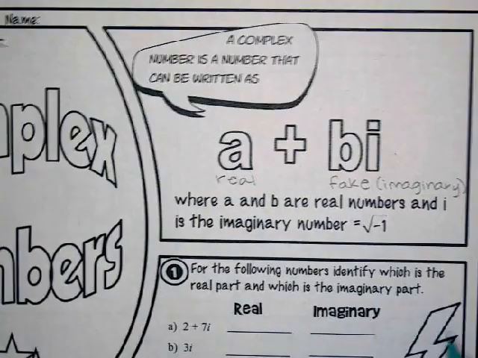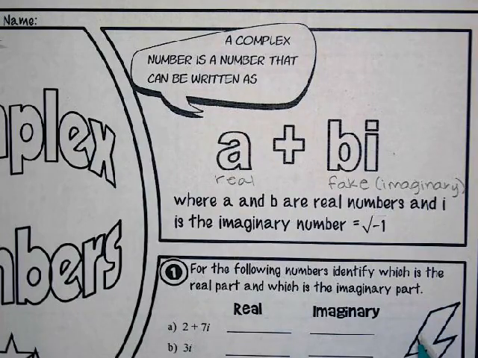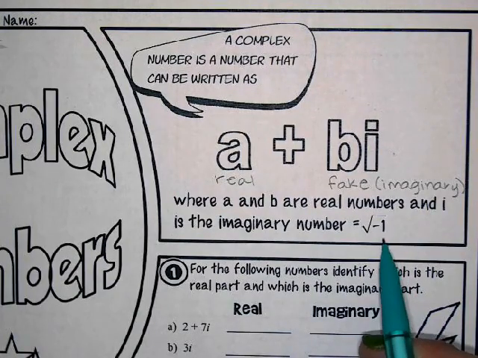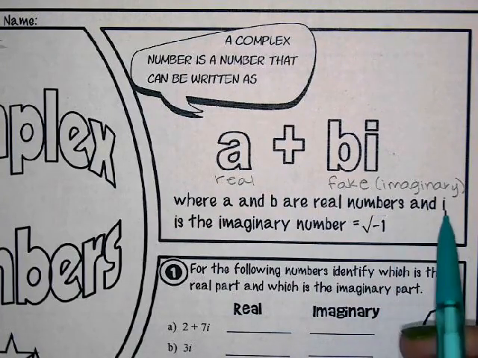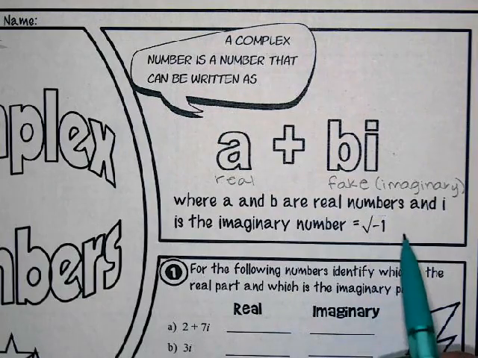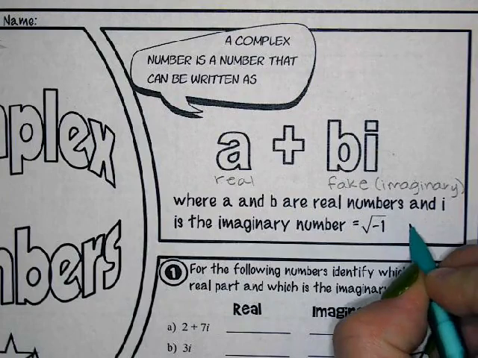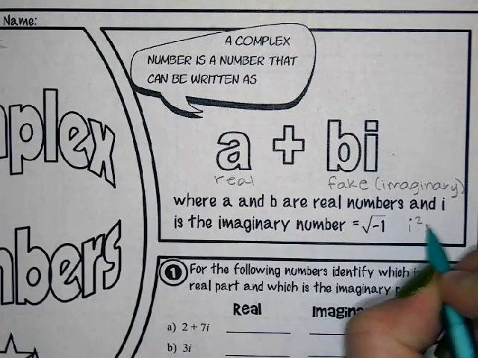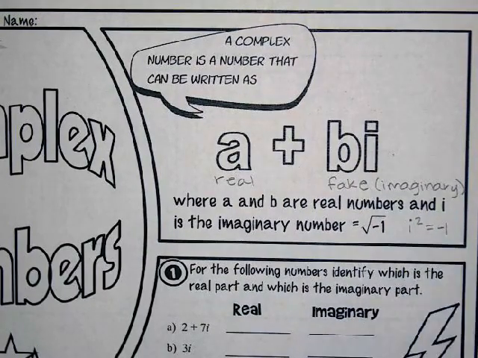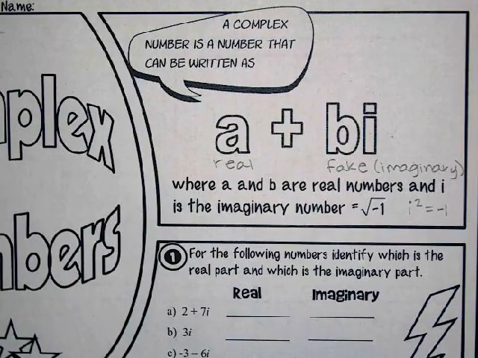So because part of the number is real and part of the number is fake, that makes it complex. And we're just going to always remember that i comes from the square root of -1. We also know that i squared equals -1.